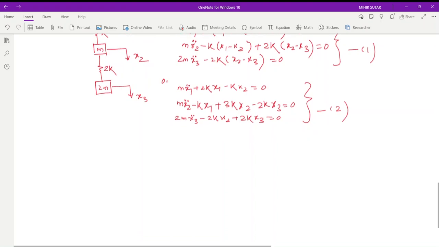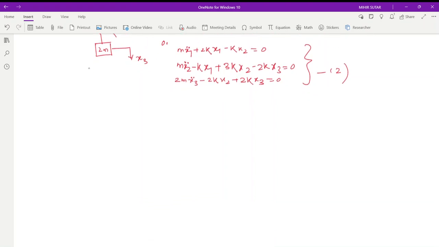Now in the matrix form, if you write this, we'll have m 0 0, then 0 m 0, then 0 0 2m, the mass matrix. Okay.